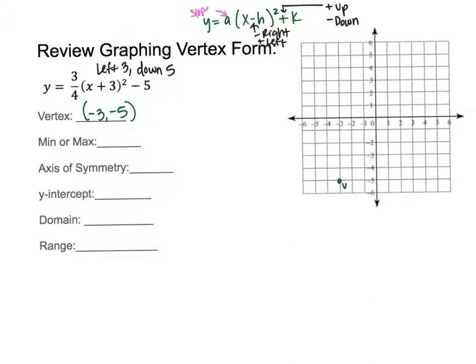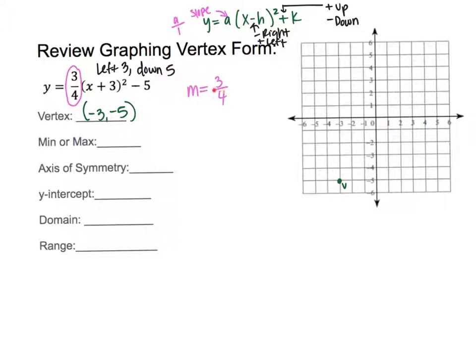The slope is always the number next to the x. Usually it's outside the parentheses, like this one. Here's the only caveat. When you use a slope for a parabola, you have to make sure the slope is over 1. The run is always 1. In this case, my slope right now looks like 3/4.